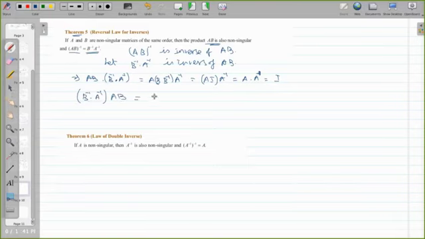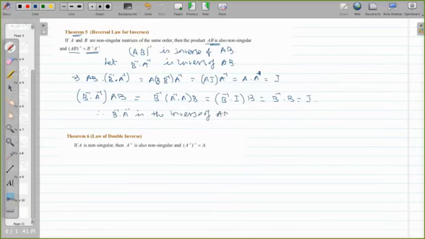I write B inverse, bracket, A inverse into A into B, is equal to B inverse into I, since A inverse into A is I, then B. B inverse into I is B inverse only, into B is nothing but I. I proved that B inverse into A inverse is the inverse of AB.